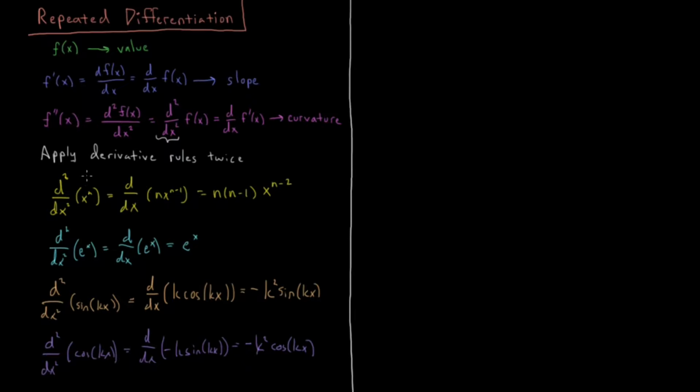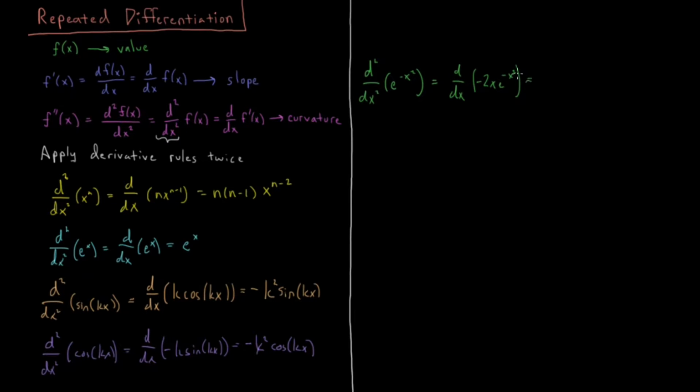All right, and then an example where we have to use the chain rule that's going to result in some more complicated results. The second derivative of e to the minus x squared is equal to the derivative of, by the chain rule, minus 2x e to the minus x squared.